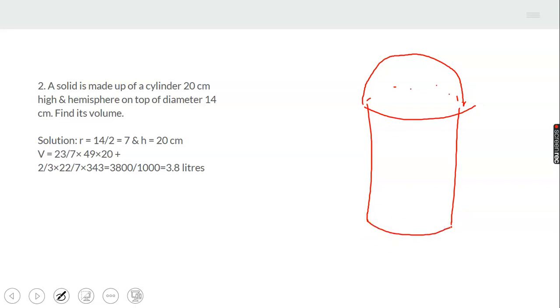The diameter here is given to be 14 cm. So the radius will be 7, half of it. And that's why we have it here, 7. While this is the height, 20 cm, h is the height.